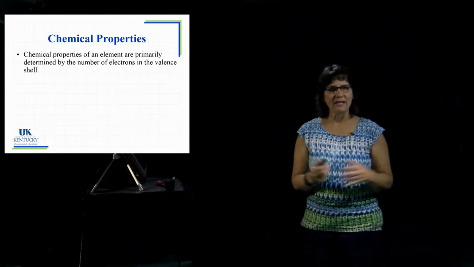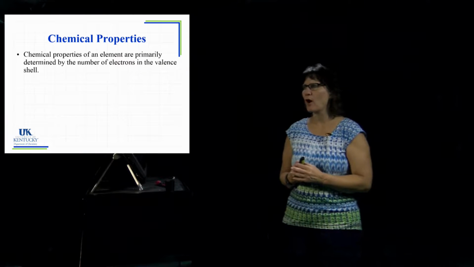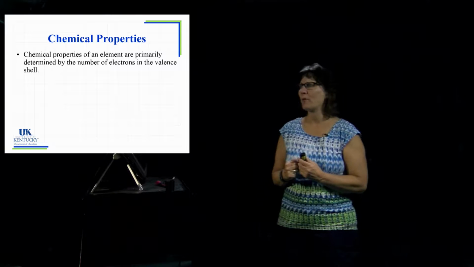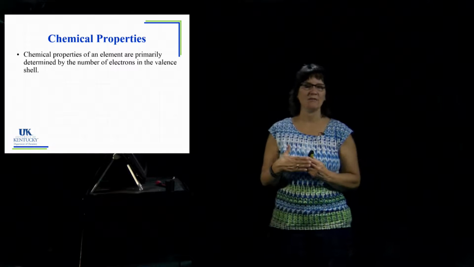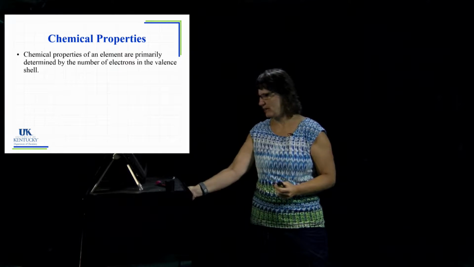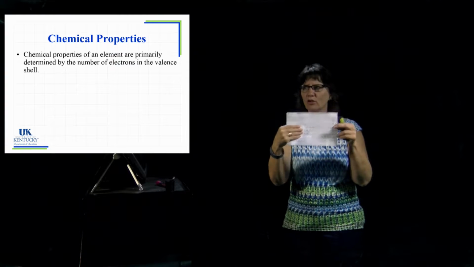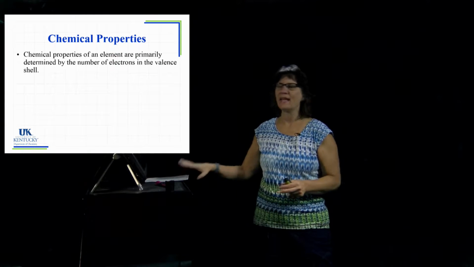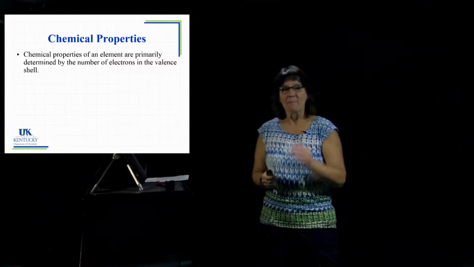Before we get into that in detail, let's talk a little bit about chemical properties. Chemical properties of an element are primarily determined by the number of electrons in the valence shell. So we learned how to look at the periodic table, and I have a periodic table here, okay? You can't see all this, but we learned how to look at this periodic table and determine how many valence electrons an atom has.